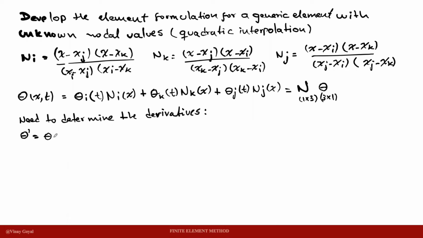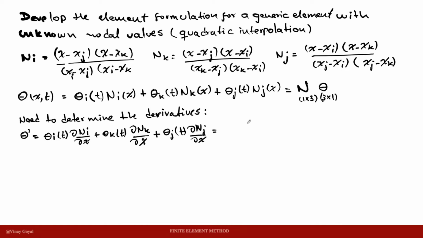So we still have theta i(t), now with the derivative of Ni with respect to x. For the other two nodes the terms are very similar; the only thing that changes is the nodal quantity, k and then j.